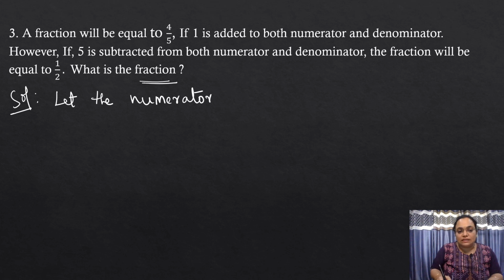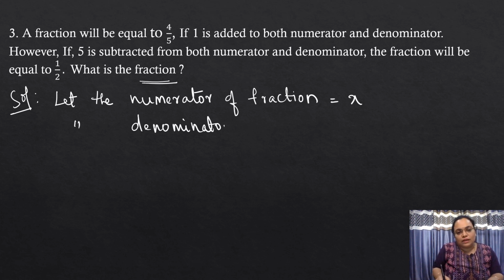So now let us assume, let the numerator of the fraction be x and the denominator of the fraction be y. A fraction will be equal to 4 by 5 if 1 is added to both numerator and the denominator. So if you add 1 to numerator and denominator, the fraction will be equal to 4 by 5.